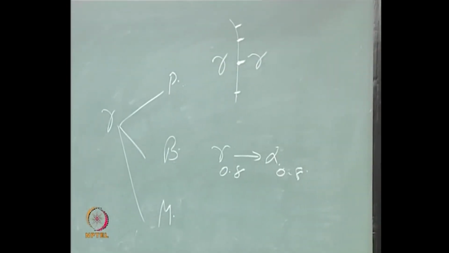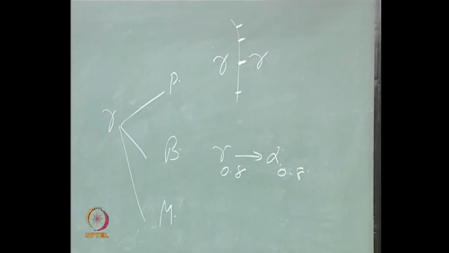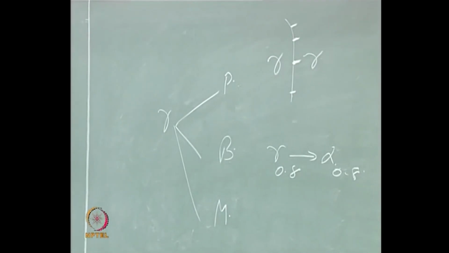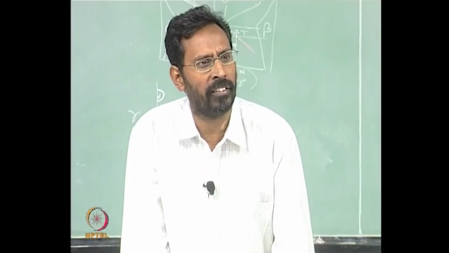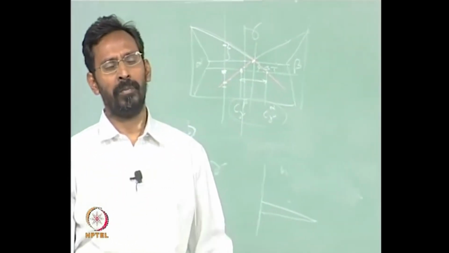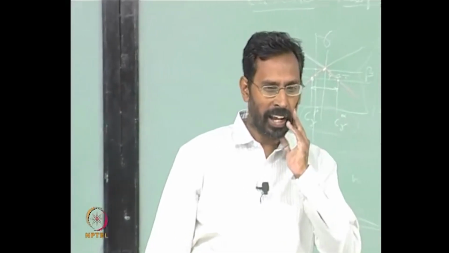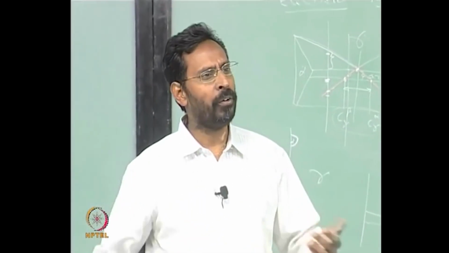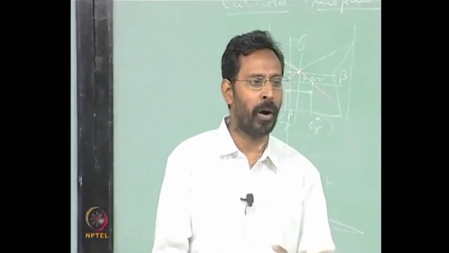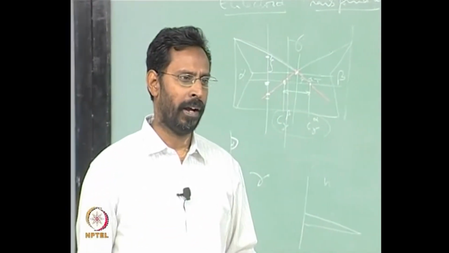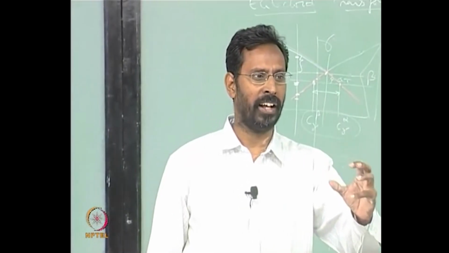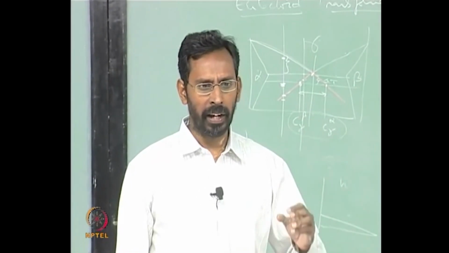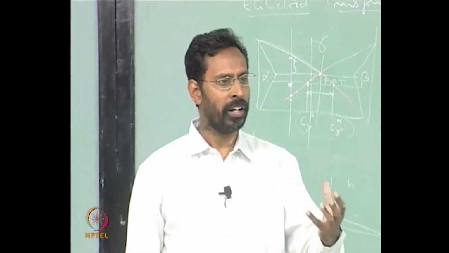To improve the diffusivity of a particular atom in a system, other than thermal activation, is there any other possibility? Yes, you introduce, let us say, vacancies. Somebody may say that all are interrelated. For example, if I do irradiation or ball milling, I take gamma, austenite powder, and do ball milling.